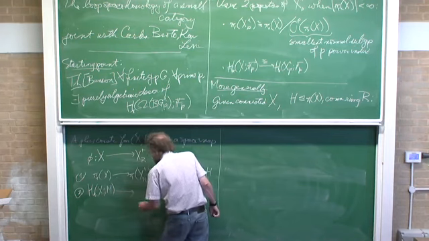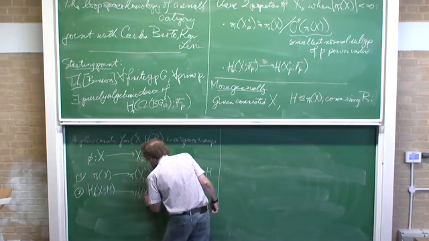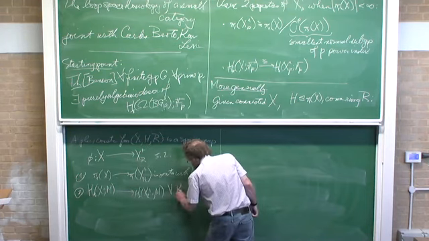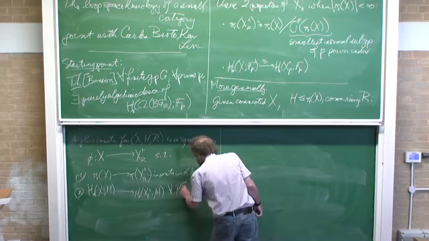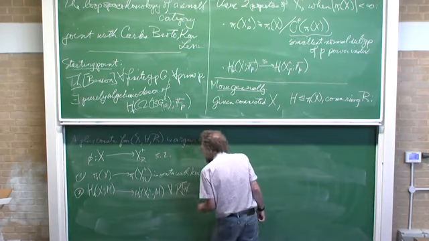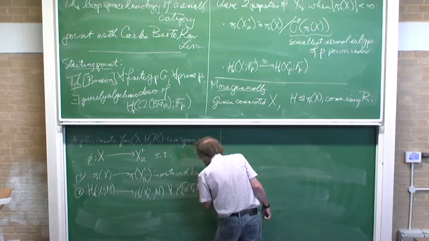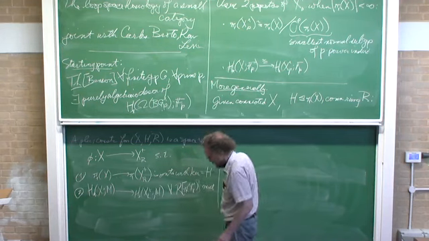So just as in Quillen's plus construction, and for all R, for every module over the group ring of pi 1, for every such module.